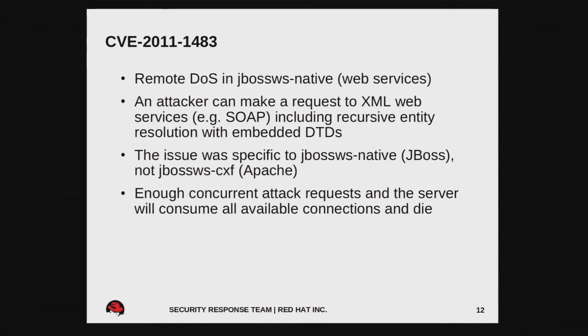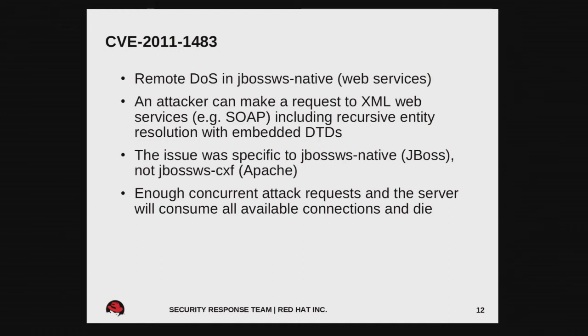But because everything's modular, there are two different web services frameworks, JBoss WS Native and JBoss WS CXF, which is the Apache version, and only the native version had the flaw. So in determining whether a customer was impacted, you had to figure out whether you are using JBoss WS native, or using CXF instead, because CXF is not affected.